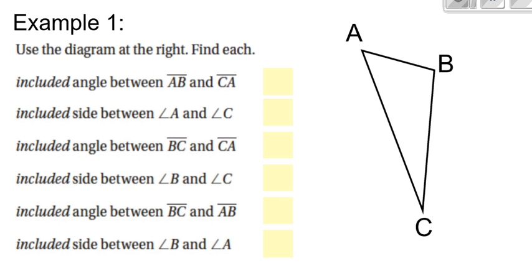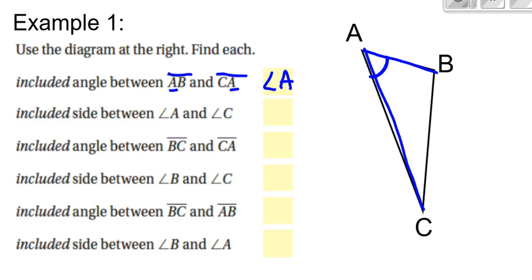That's one way to tell. The other way to tell is to label your line segments. Line segment AB is this one, and line segment CA is this one right here. The included angle would be the one created by those two line segments, which would be angle A. So we get angle A either way.